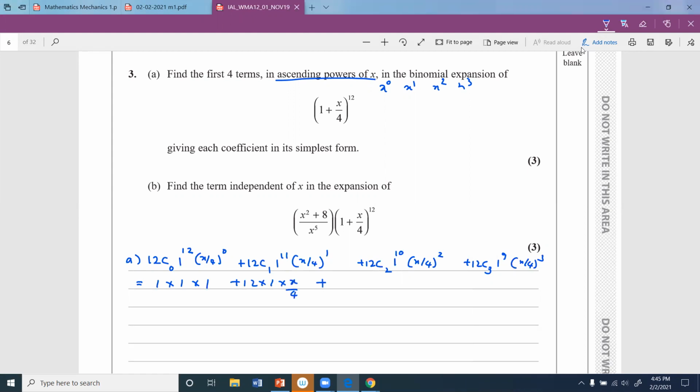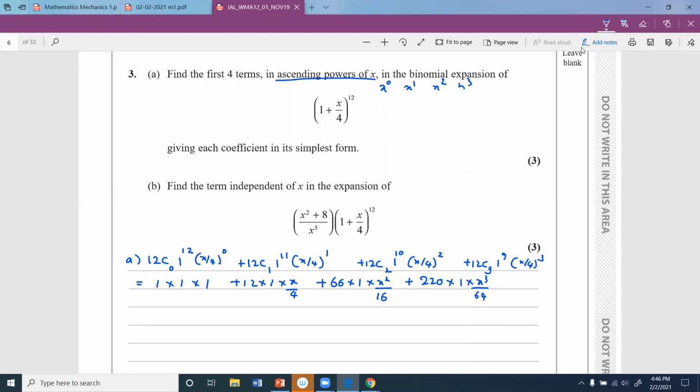12C2, let's get this answer and see. 12C2 is 66, so it turns into 66 times 1 times x squared over 4 squared. In most situations we forget to square this denominator, so please be careful with that. 12C3 is 220, so 220 times 1 times x to the power 3 over 64.